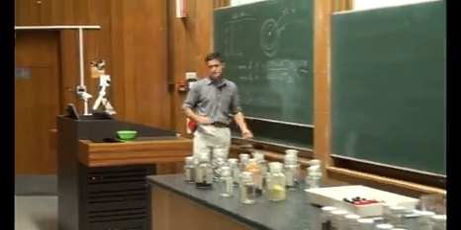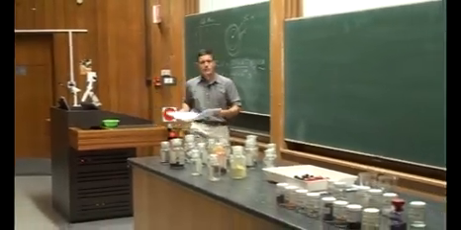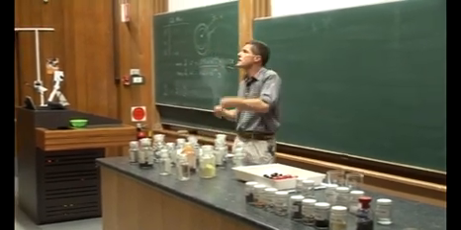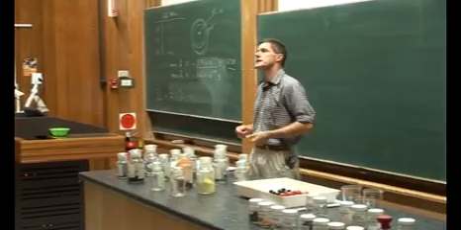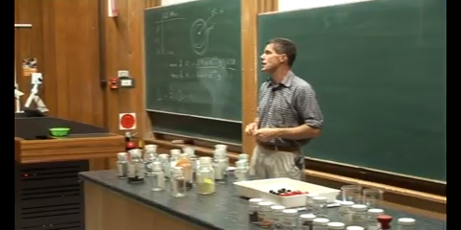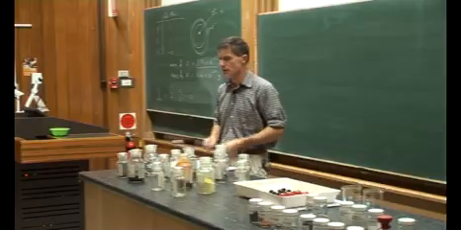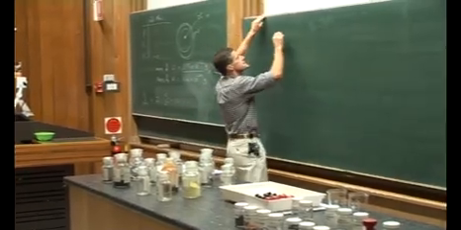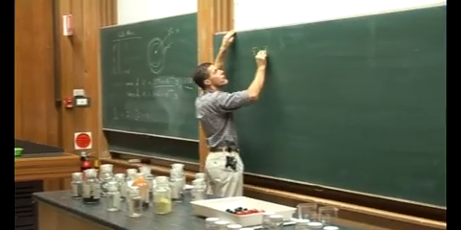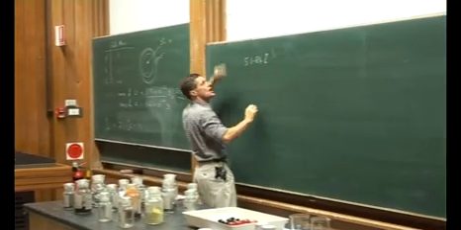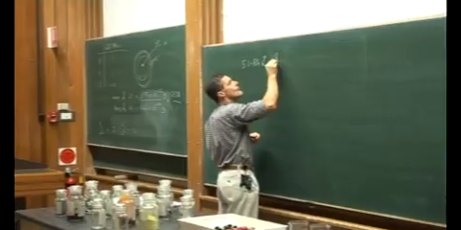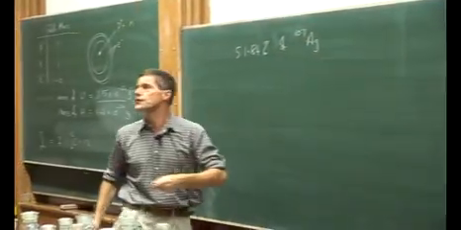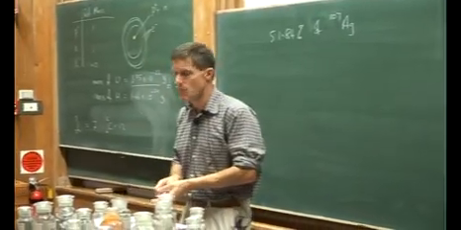If I take, say, a natural sample of silver, I find that there is contained in that sample two isotopes of roughly equal amounts. So any sample of silver contains just over half of the isotope silver 107.